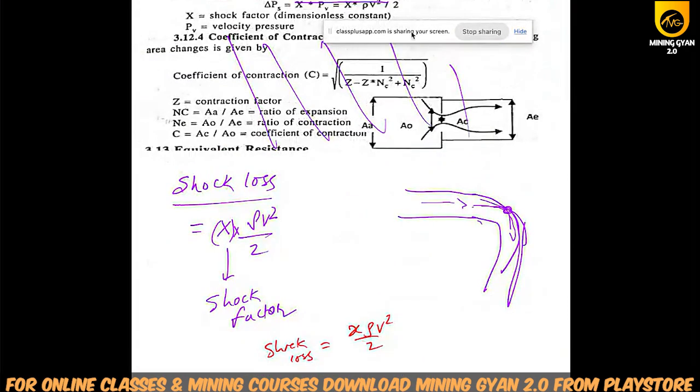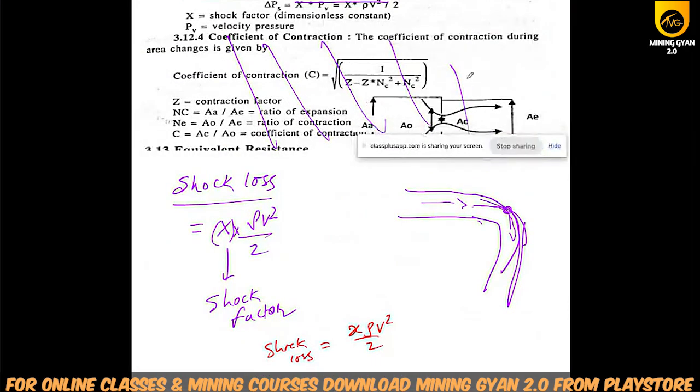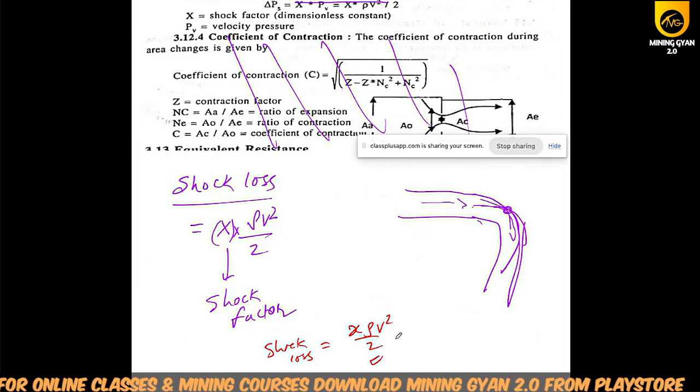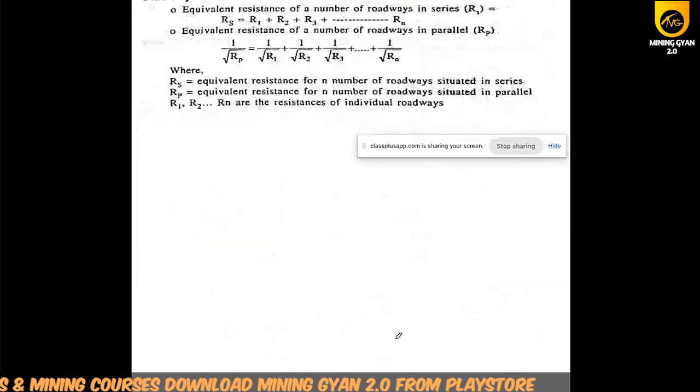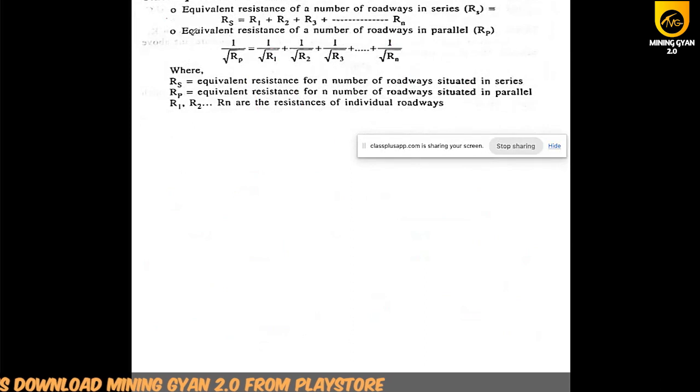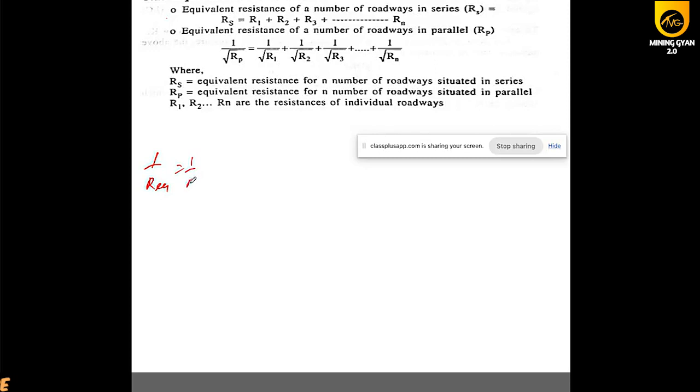Then we have seen the shock loss at area changes and the bend. Shock loss is X rho V square by 2. And equivalent resistance. Please focus, you may get confused in this formula, because in electronics, or in 12th class, you have seen that 1 by R equivalent equals 1 by R1 plus 1 by R2 plus 1 by R3, like that.